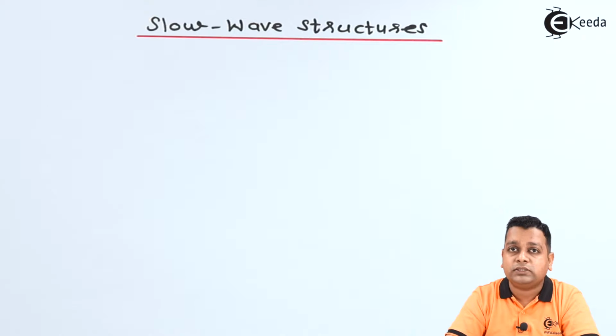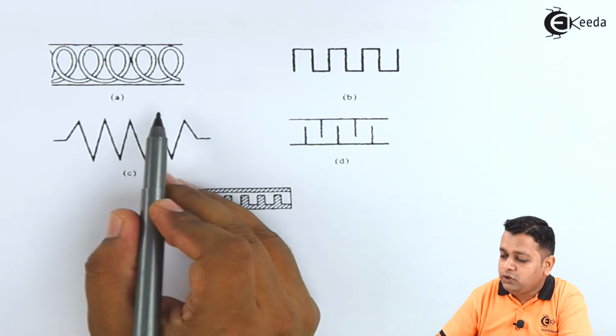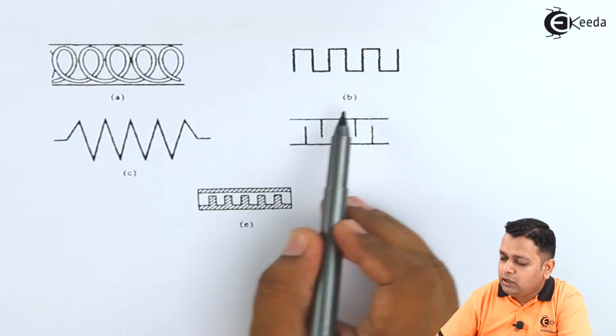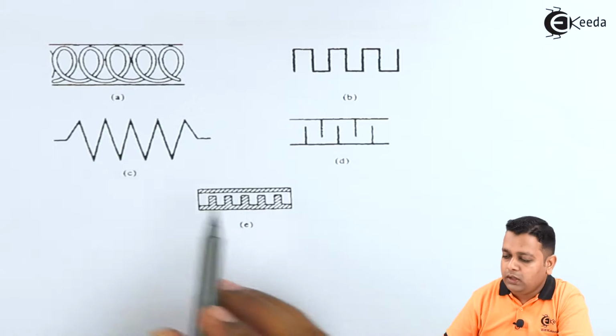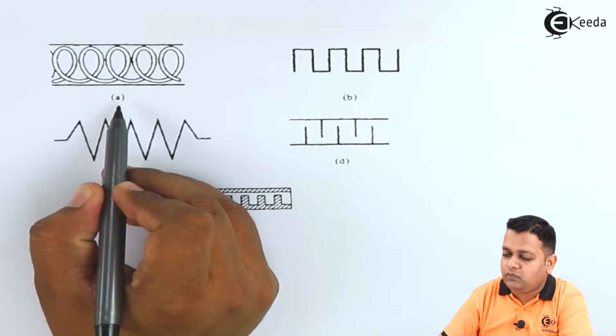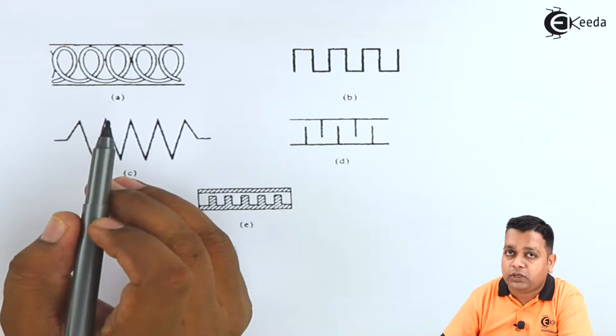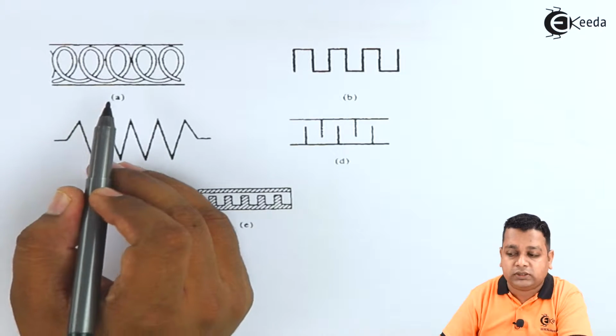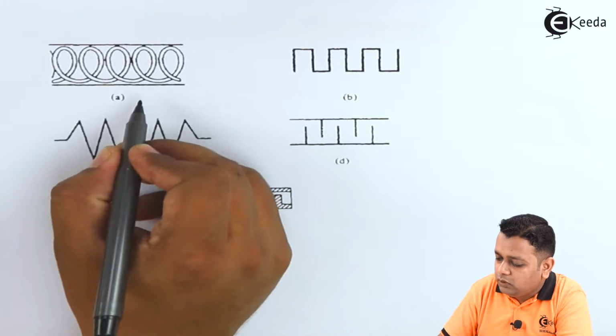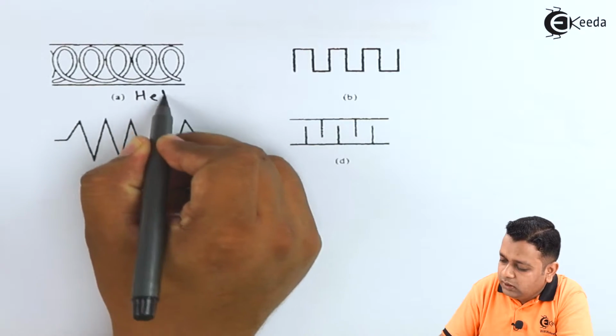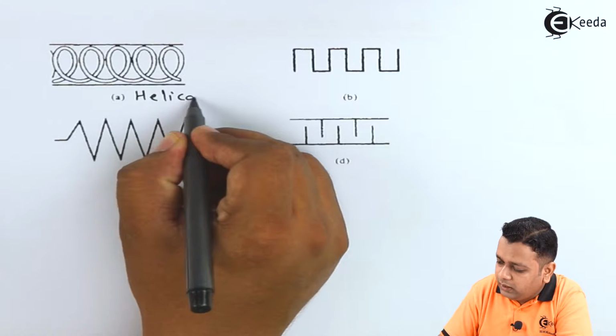Now there are several types of slow wave structures. We have a few, which we shall explain with the help of a diagram. Here we have 5 types of slow wave structures, A, B, C, D and E. The first one, small a, is very popular: the helical line.